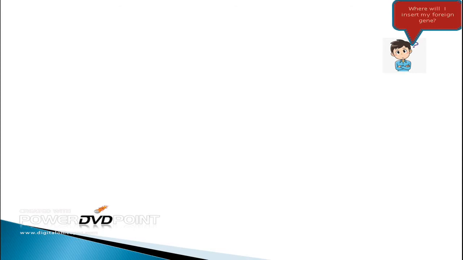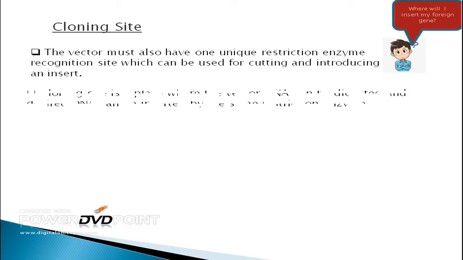The next question is, where will I insert my foreign gene? In the cloning vector, can we insert the foreign gene anywhere? No, it should be a specific site. The answer lies in the next feature of the cloning vector, that is the cloning site.